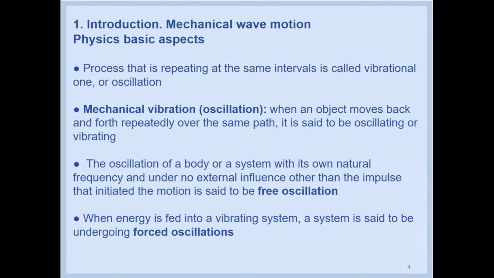And in particular, we can talk about a mechanical vibration. Mechanical vibration or oscillation is the process when an object moves back and forth repeatedly over the same path. It is said to be oscillating or vibrating. So you can see that a mechanical vibration or oscillation is a kind of mechanical motion.